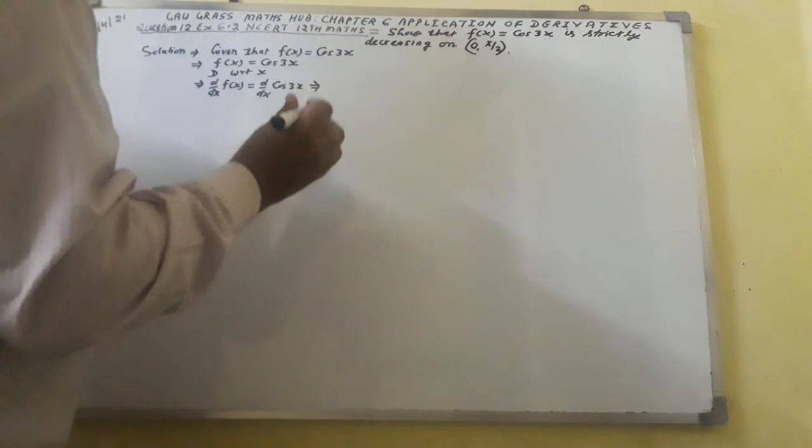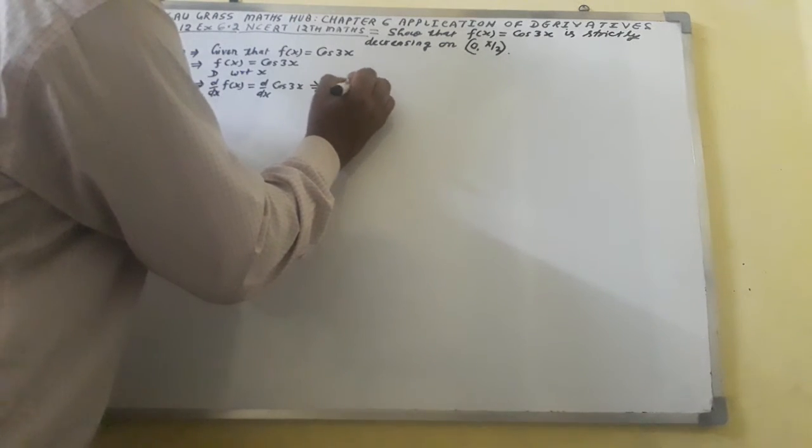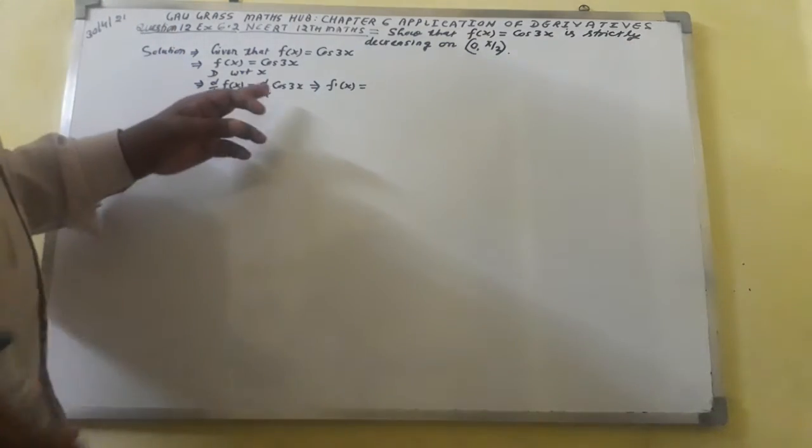This implies that d over dx of f of x, which is f dash x, equal to d over dx of cos 3x.